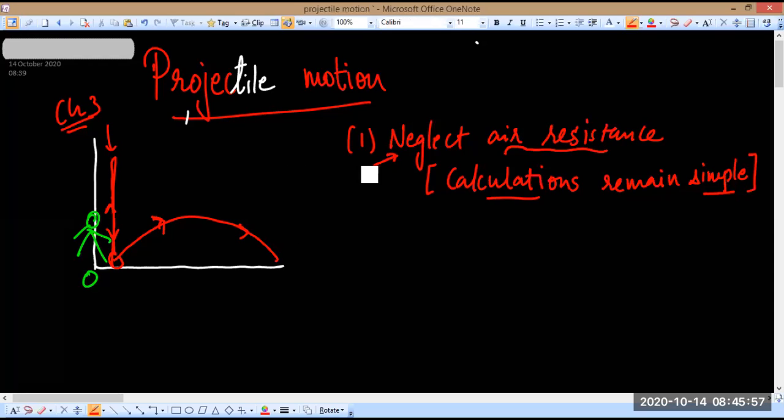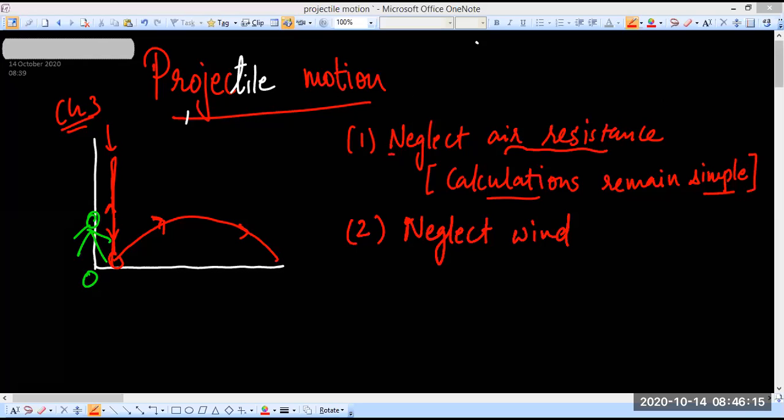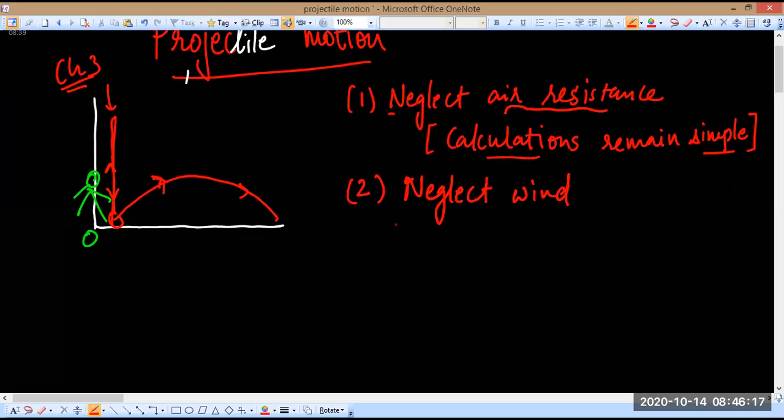Let me write one more thing. We neglect effect of wind. I hope you understand that. Now think about this.